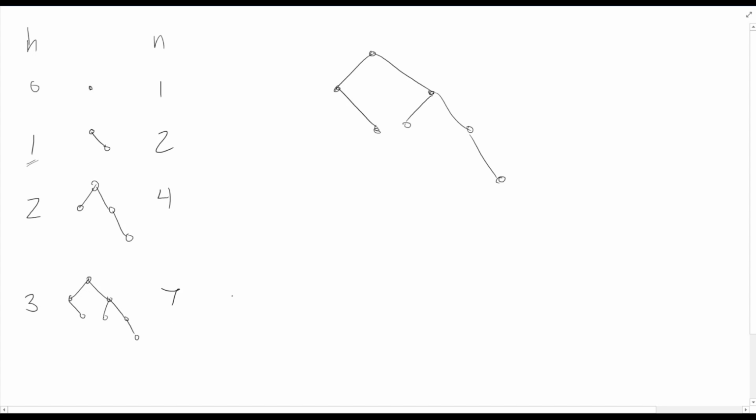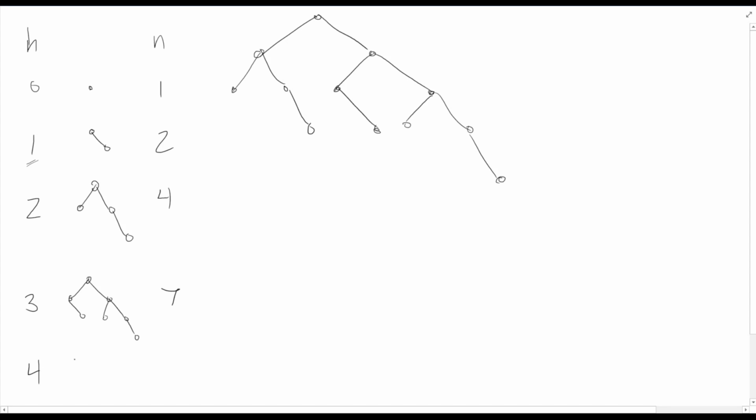I want to go one more. To go one more, I'm going to cheat a little bit here. This was the one we had before, and then I can do this. This is my next one. Maybe I'm running out of space, so too bad.